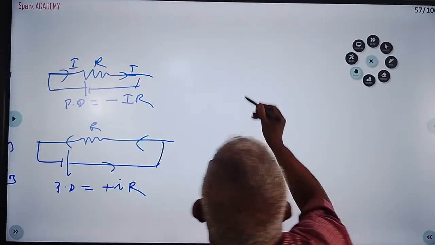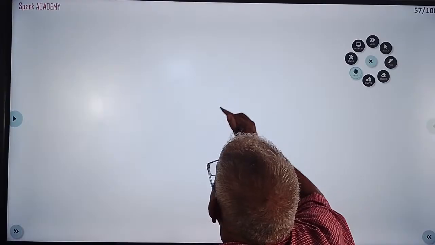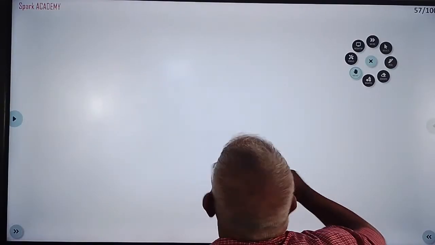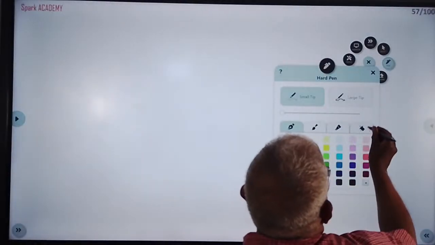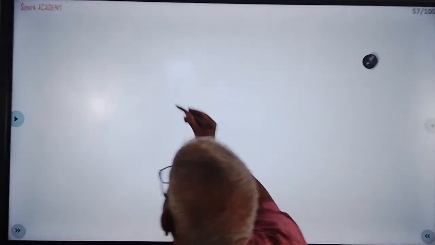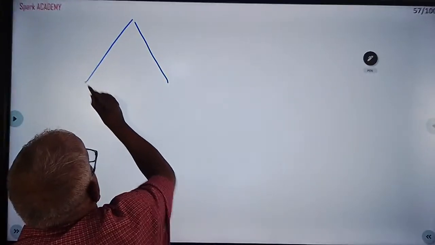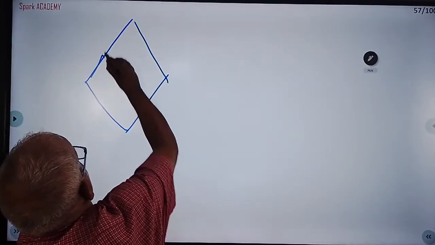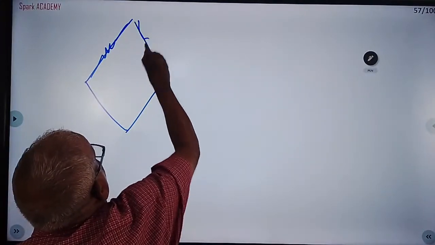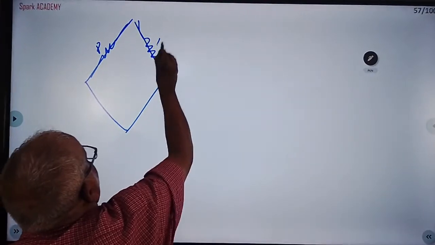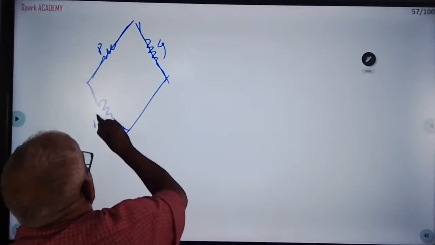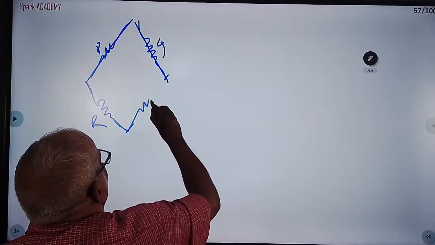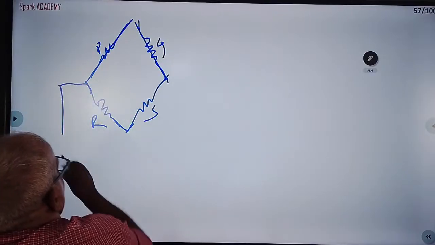In CBD, once again I am drawing the loop. Students, I am showing you the loop. Here P, here Q, here R, here S. Here the battery is connected.